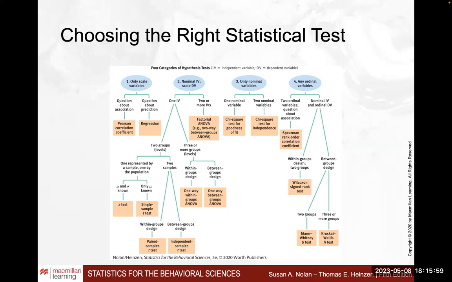Any reference value that you're comparing your sample to can serve; it doesn't necessarily have to be a population parameter. So if you know your mu and your sigma, you can use a z test. Or alternatively, if your sample size exceeds 30, you can also use a z test.